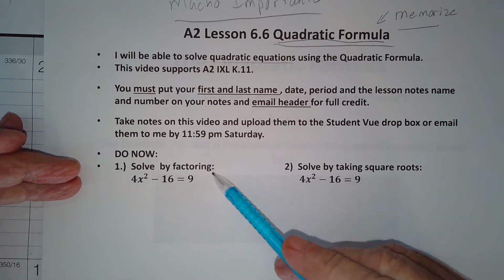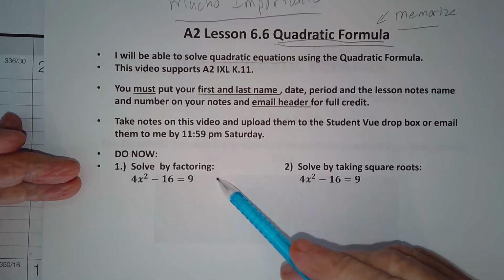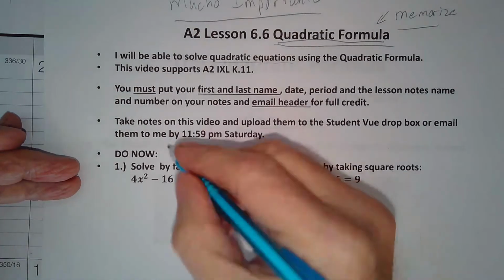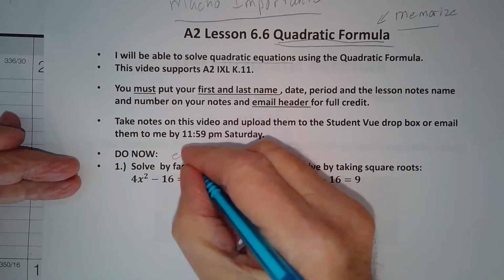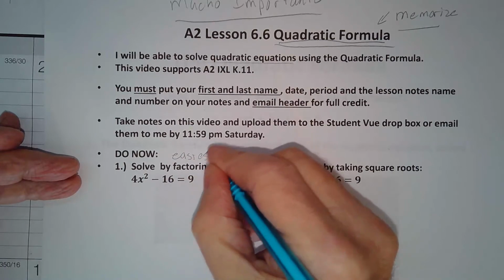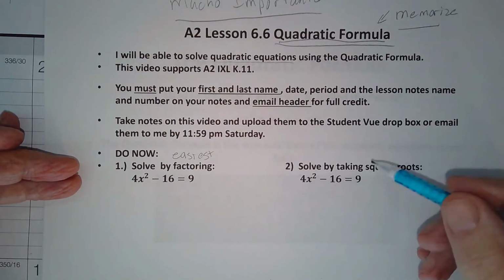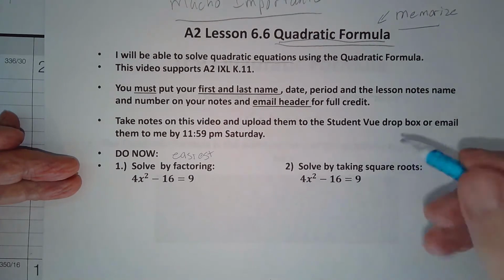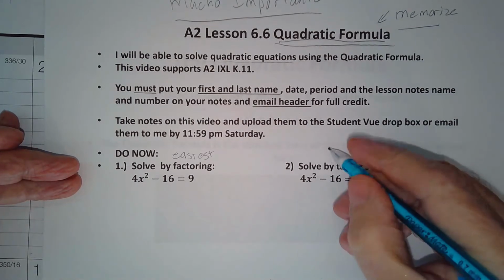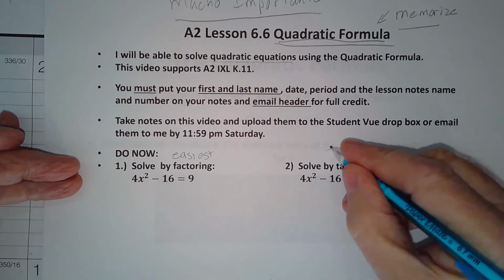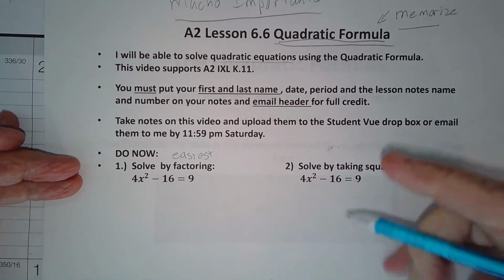A lot of times you say, oh, wow, it doesn't factor. Solving by factoring is the easiest way to come up with your answer. But if you can't do that, you can solve by taking the square root, which is also easy, not quite as easy as factoring.